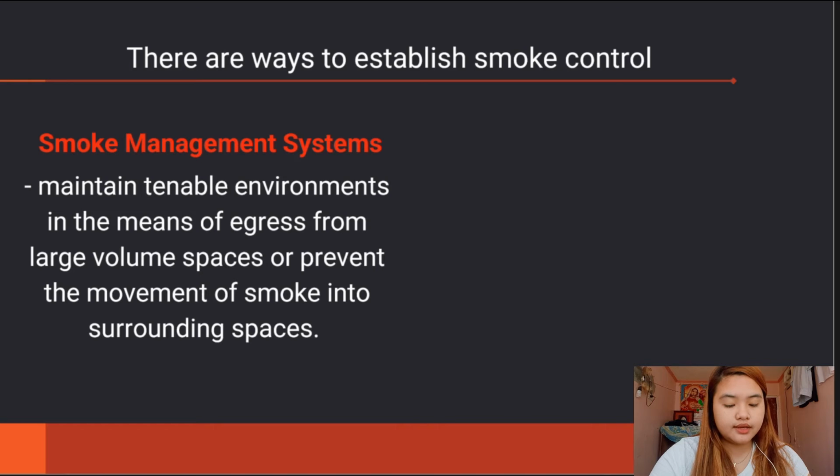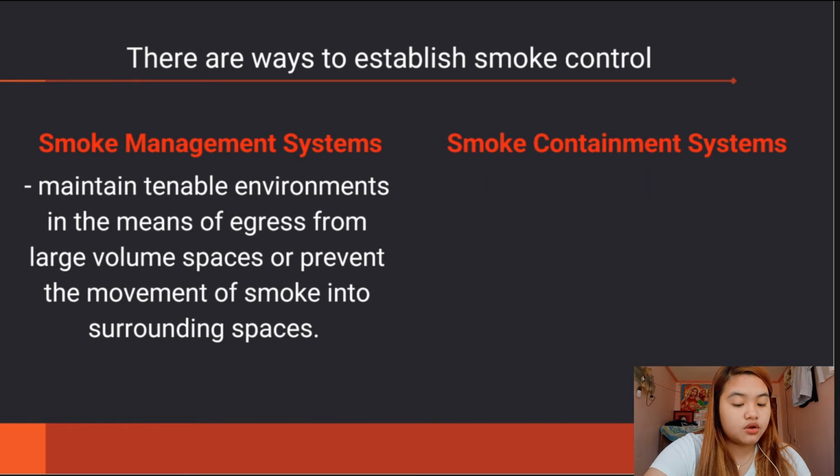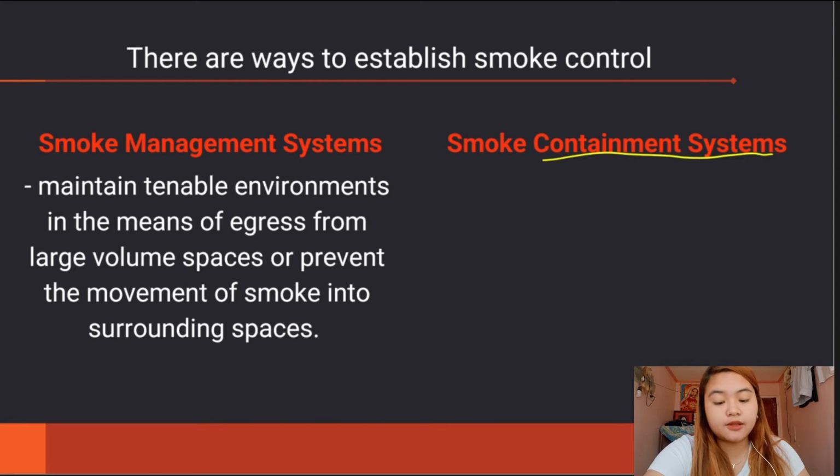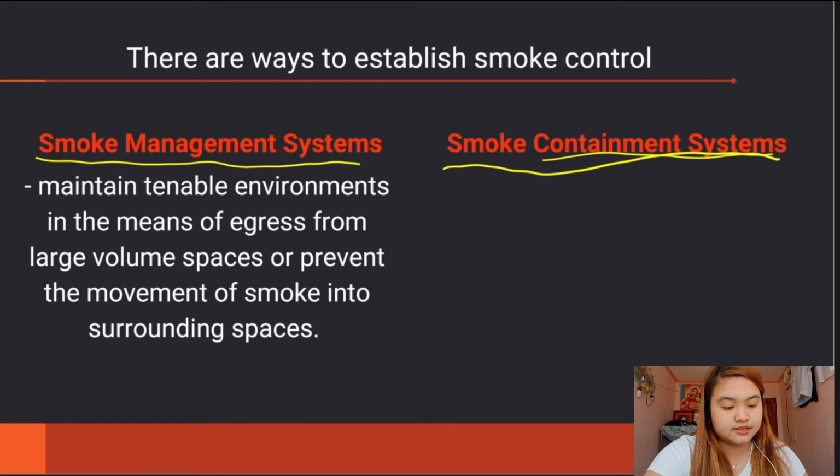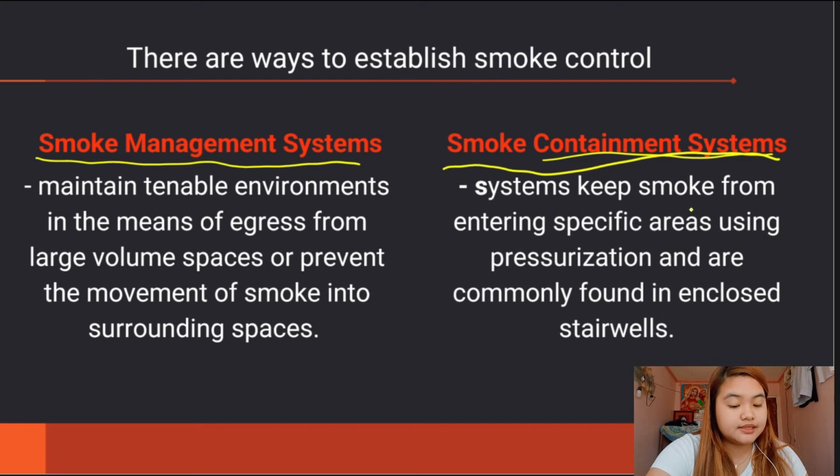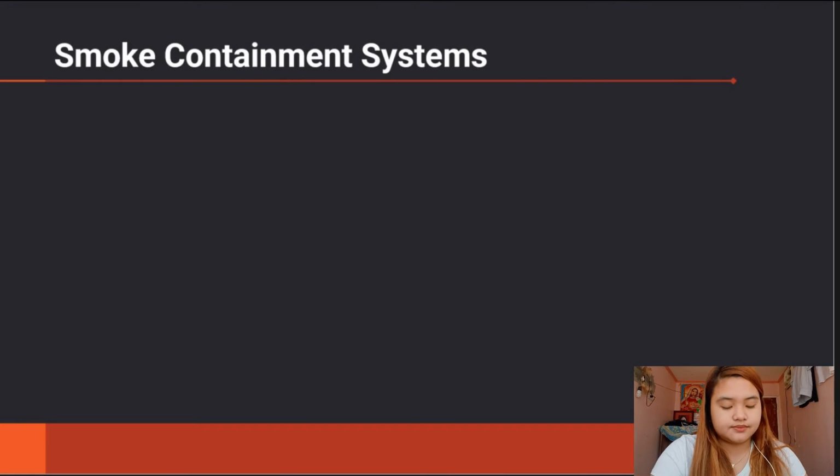The other way to establish smoke control is through a smoke containment system. Do not be confused, because one is smoke management and the other one is the containment system. A containment system keeps the smoke from entering specific areas using pressurization, and is commonly found in enclosed stairwells.